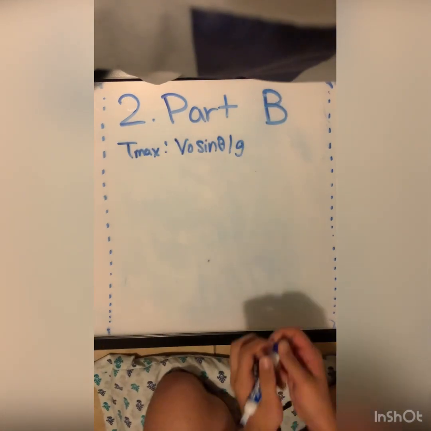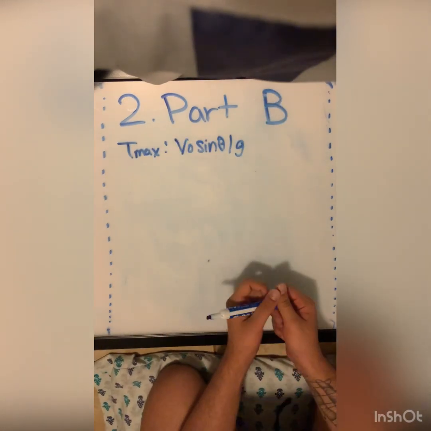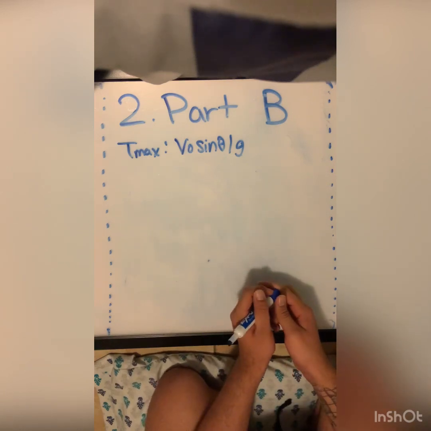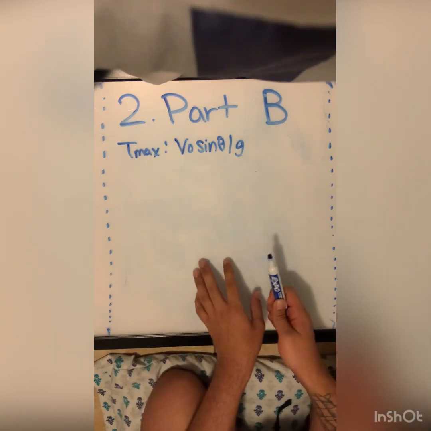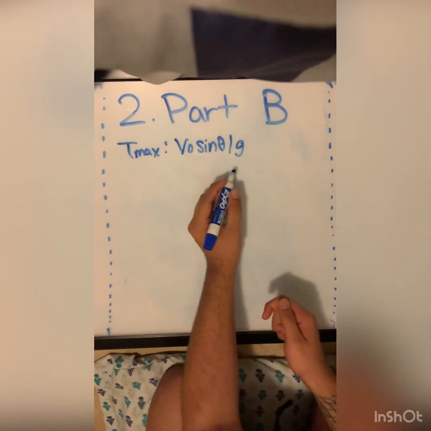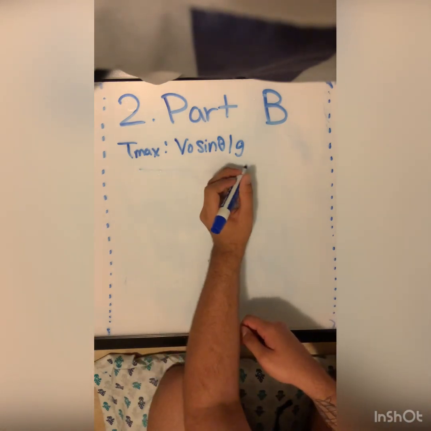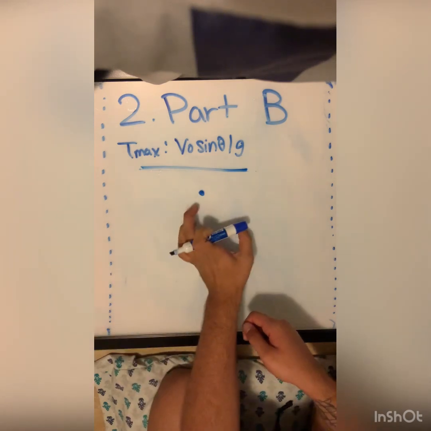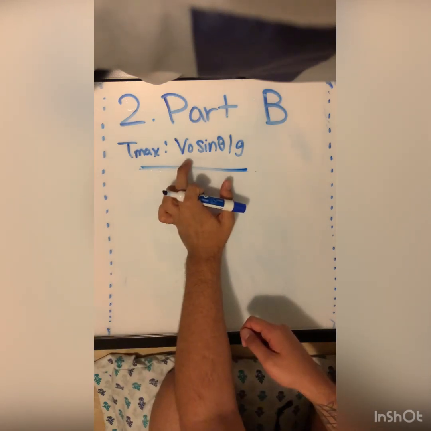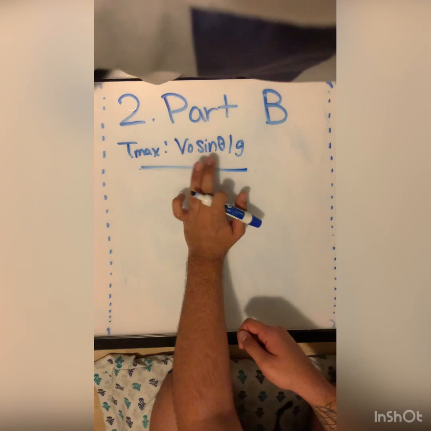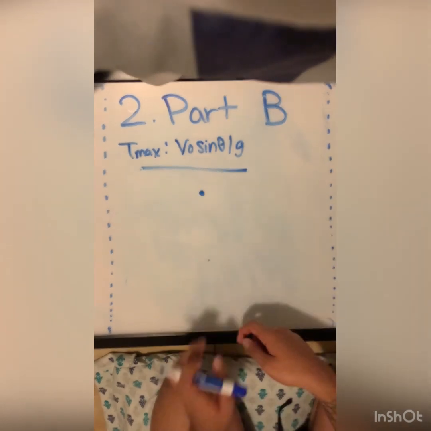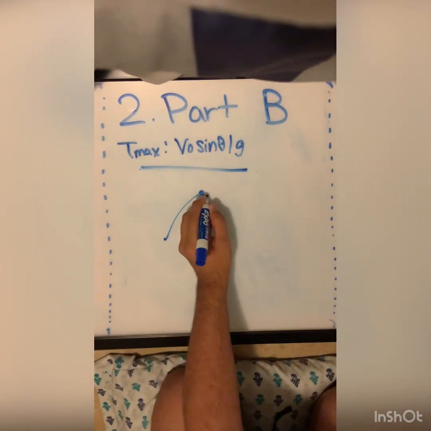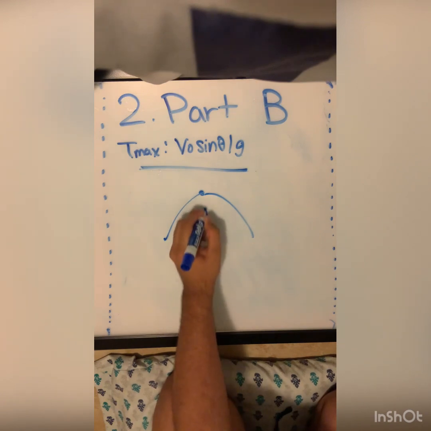For part B, they ask what the total time is for when the projectile hits the ground. With what we found last time, the time of the maximum height is equal to velocity times sine divided by g. So this is halfway on the graph.